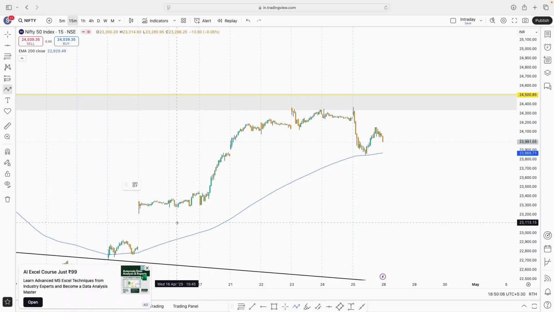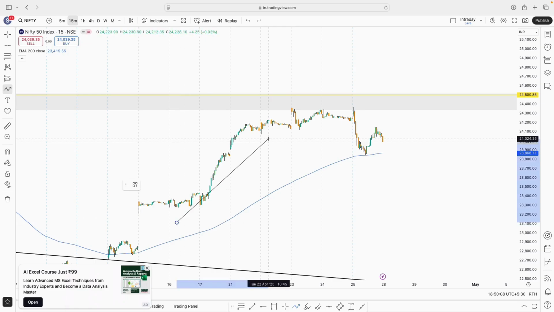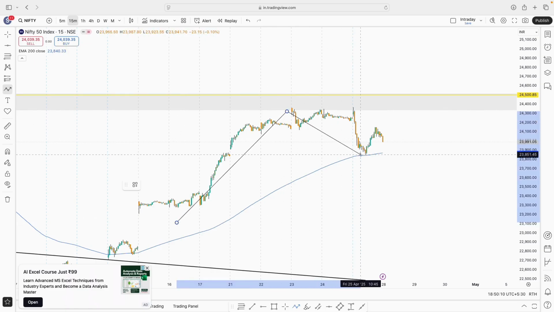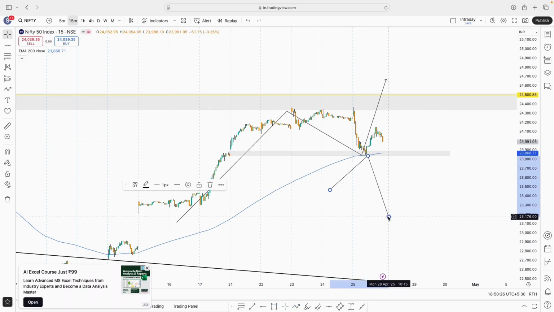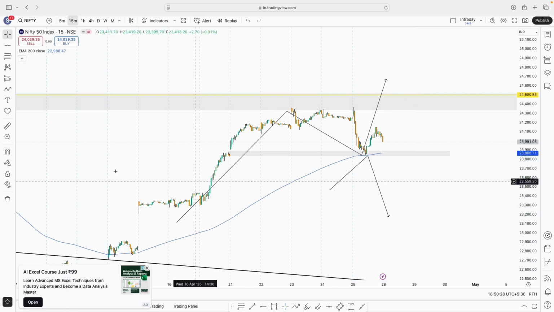One possible scenario could be that after this upward move, this is just a retracement and Nifty would continue its upward trajectory from here. The other scenario could be that the trend overall has changed and we might see a breakdown of this level and a downward journey from over here.